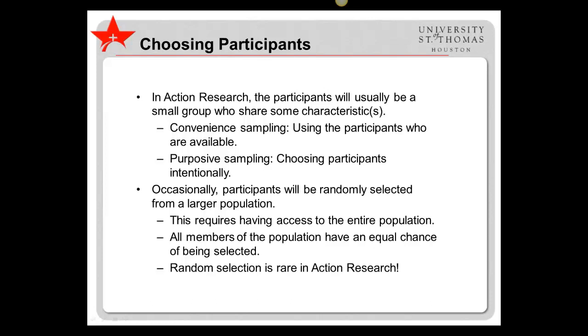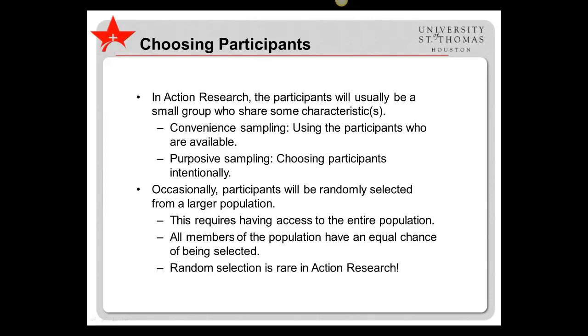Furthermore, even when the population is accessible, members of the population could choose not to participate, which detracts from the randomness of the sample. The other type of sampling, non-random sampling, involves choosing participants either because they are available, called convenient sampling, or choosing them intentionally, called purposive sampling. Much educational research involves convenient sampling, which is understandable. However, we should keep in mind that a convenient sample is less likely to represent the general population than a truly random sample.